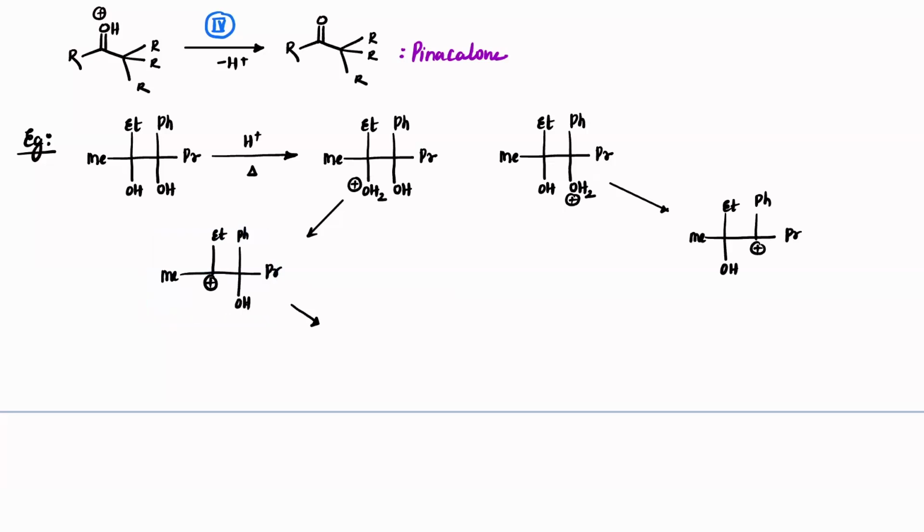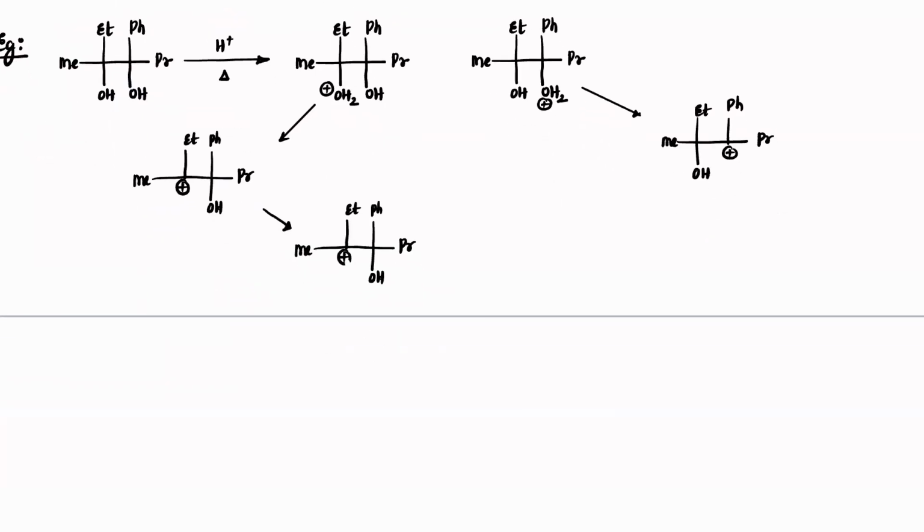From here, on migration, this positive charge will shift, and there are two products we can get. Either the Pr will shift and phenyl will be present here like this, and a double bond O will be formed. Directly I'm writing the product.